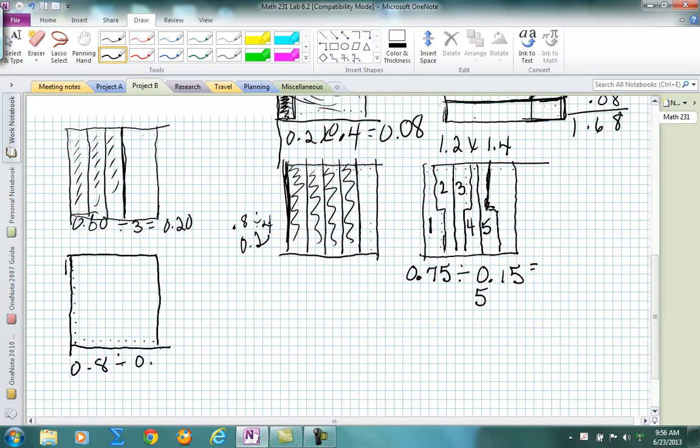So I'll mark off 1, 2, 3, 4, 5, 6, 7, 8 tenths. And I would count how many 2/10 sections there would be. So there would be 1, 2, 3, and 4. So there are 4 2/10 sections in 8/10. Therefore, the answer is 4.